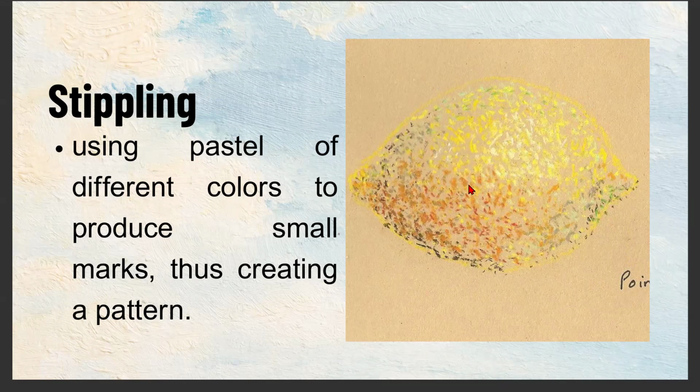It is also good to use for detailed areas of an artwork. So this is an example of stippling, which is almost the same as the stippling and shading technique of pencil. But the difference between them is that this one uses different colors.